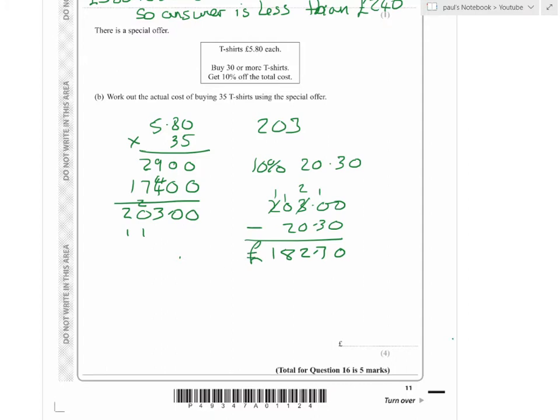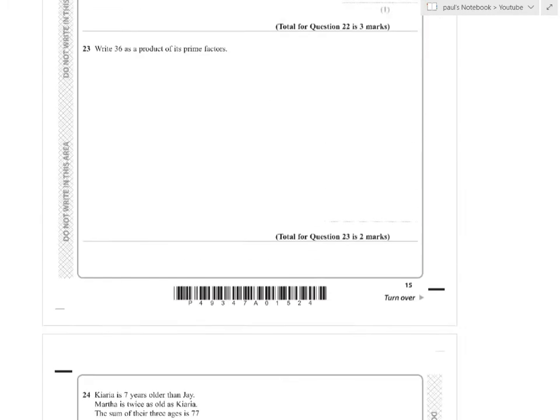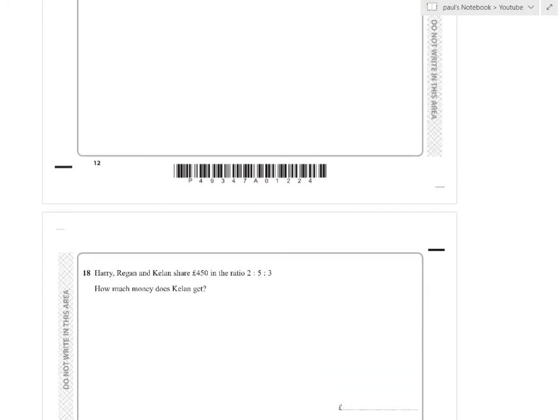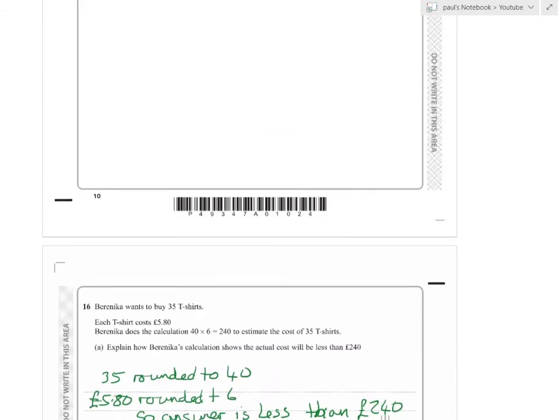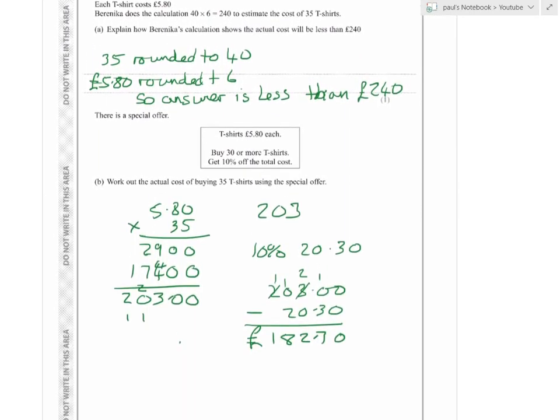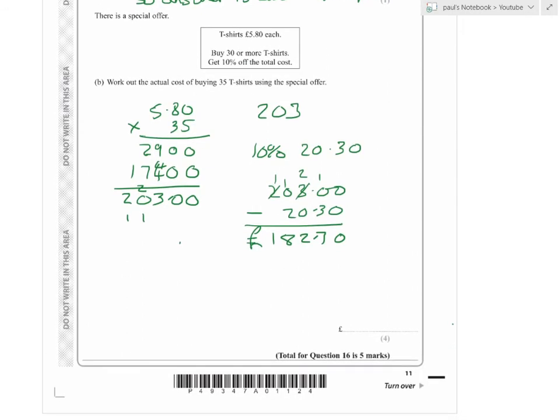Double check, see whether they've got that. That's question 16. So let's come down to 16, make sure we've got that right.